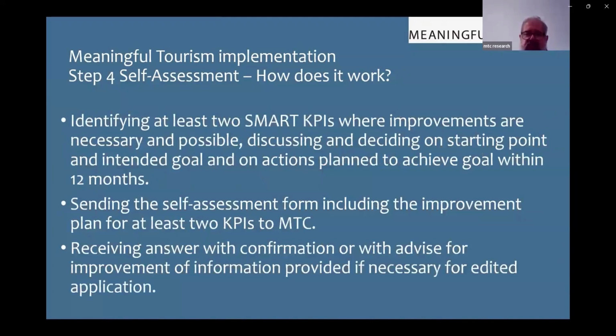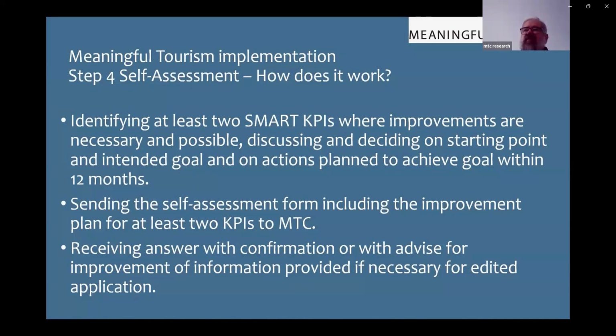So, as I said, you're asked to identify 2 smart KPIs where improvements are necessary and possible. You have to discuss internally what is the starting point, where are we now, and what is the intended goal, and what actions we can do to achieve that goal. So if you say, okay, we have a positive feedback from our customers of 4.2, we want to move to 4.5.